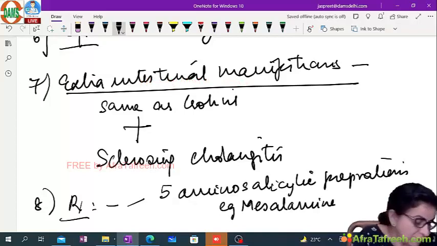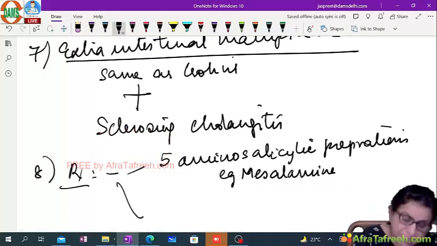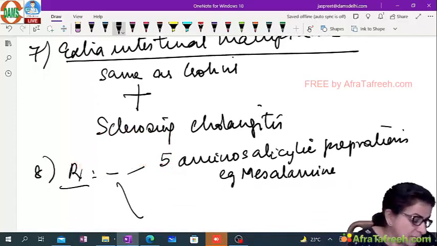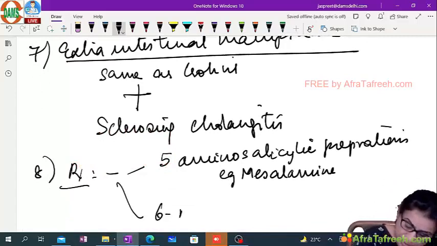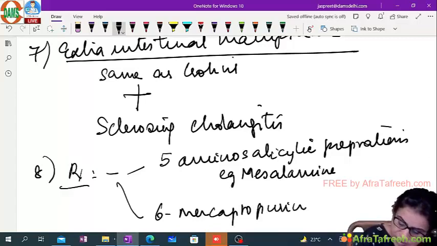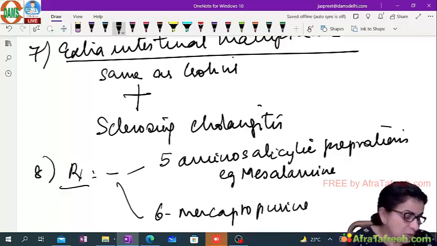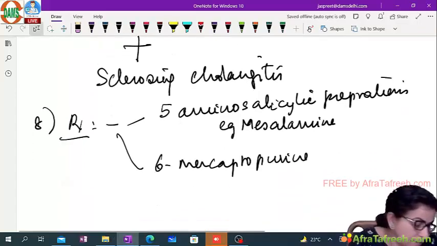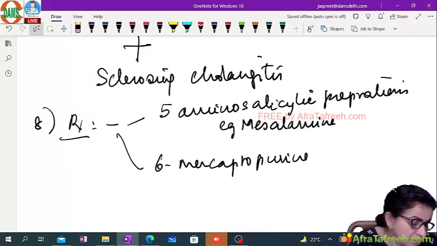Then to suppress the immune response, we give them antimetabolites like 6-mercaptopurine, which is an antimetabolite. They are also given agents like infliximab.